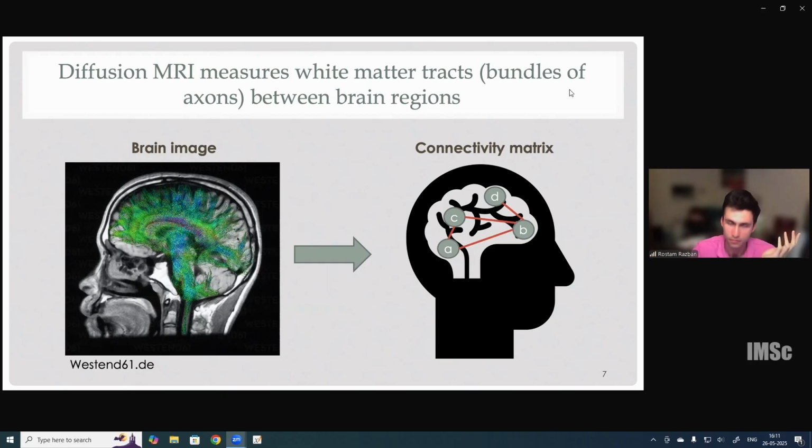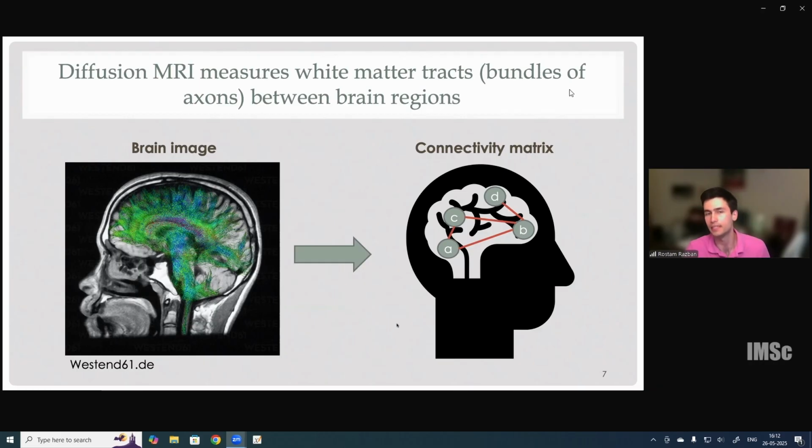And from a human brain scan, which is non-invasive, you just go in this very big tube, you can analyze and pre-process out all the different white matter tracts connecting different brain regions. And from that image, just make it into a matrix for it to be more easily understandable. So obviously, this brain is a huge simplification of the very complicated image on the left.